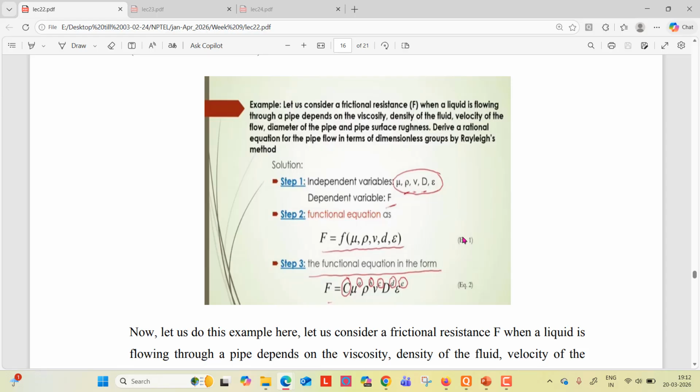First, we have to understand the parameters. This frictional resistance force F is dependent on all these independent variables.